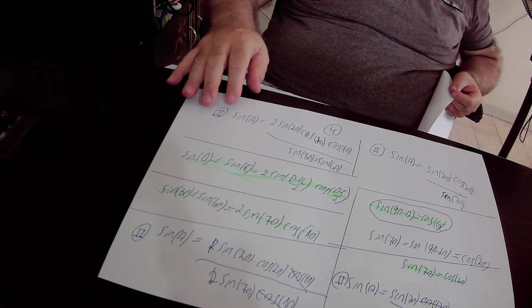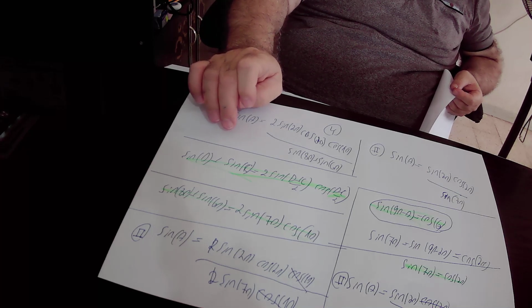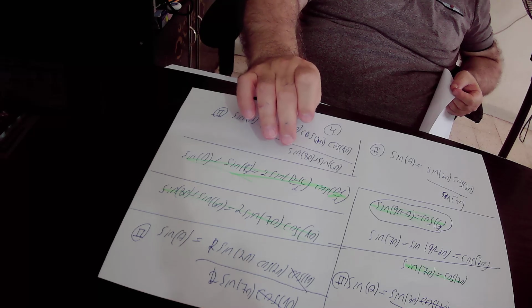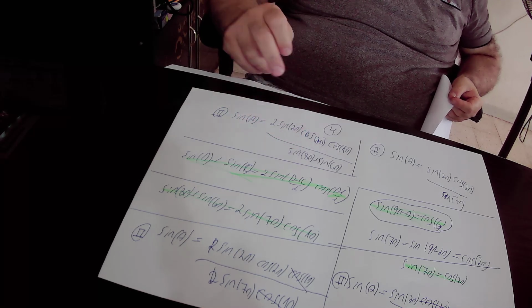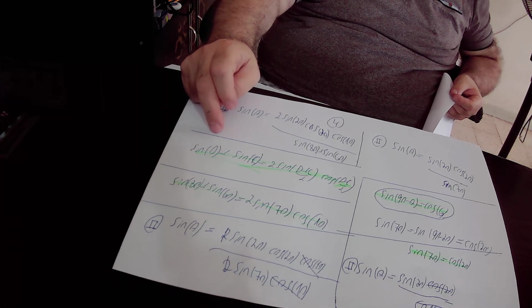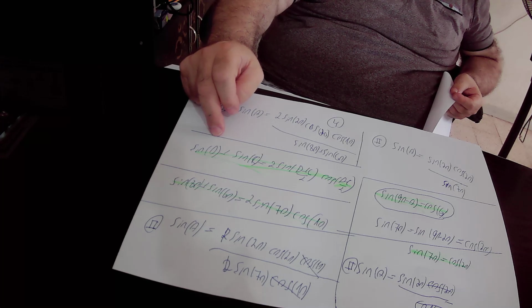Here we have the trigonometric identity that states that sin d plus sin c equals 2 times sin of (d plus c) over 2 times cos of (d minus c) over 2. We use this identity to find the value of sin 80 degrees plus sin 60 degrees.